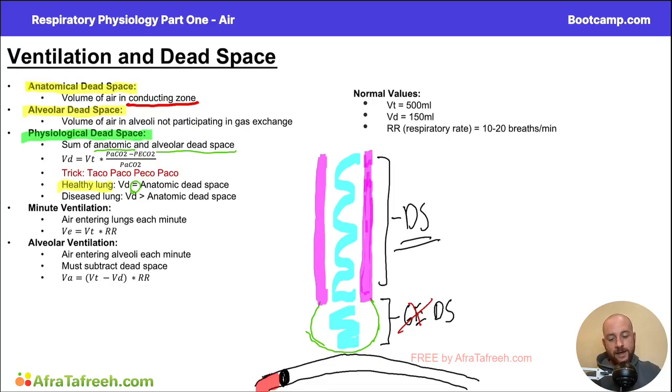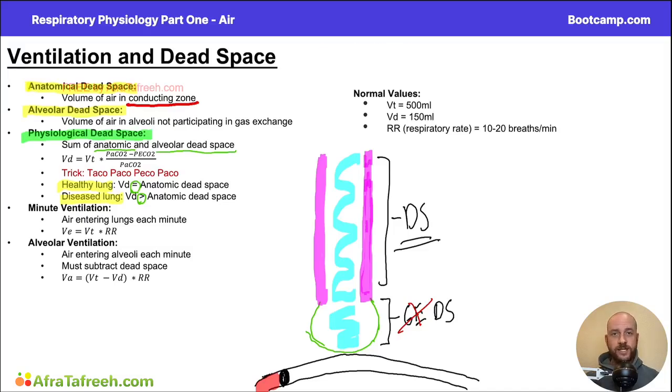However, in a diseased lung, in diseased individuals, the physiological dead space is going to be greater than the anatomical dead space, because recall we just said physiological dead space is anatomical plus alveolar, and that's obviously going to be greater than anatomical alone if alveolar is not 0.